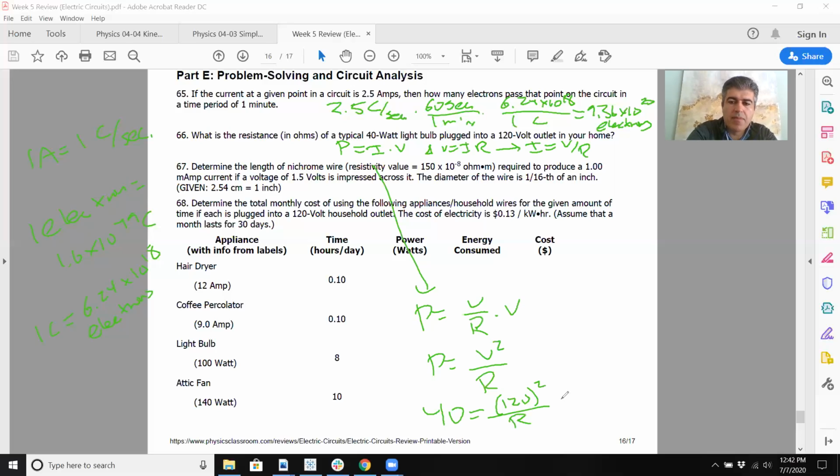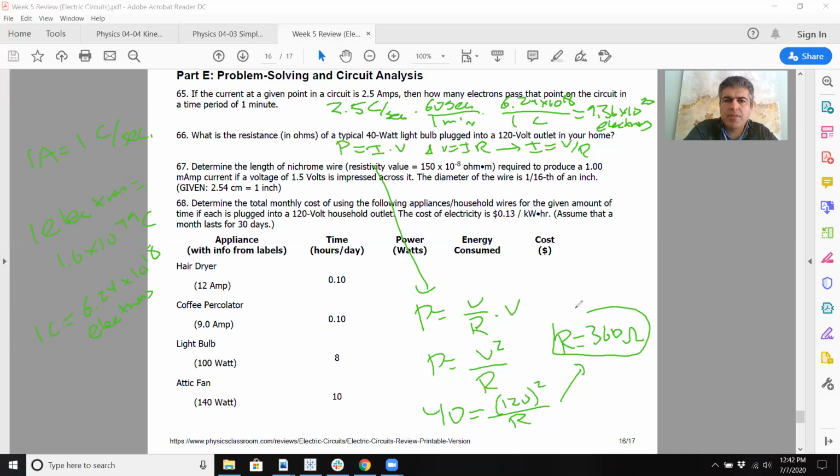Solve for R. Something like that I could also ask on our test, something very straightforward. You'll work out that it will be 360 ohms. So that's 65 and 66. Again, I have given you guys a link for the answers.